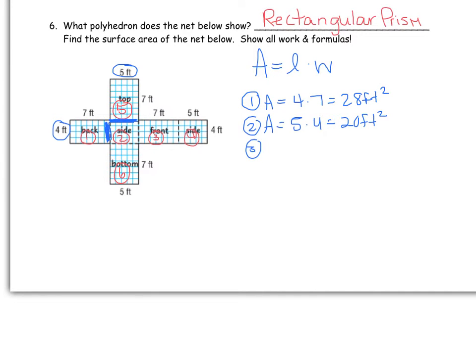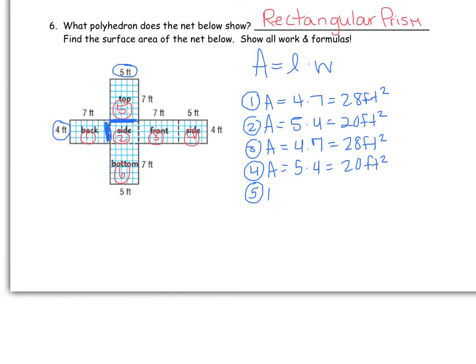Number 3 would be the same as number 1. It would have a length and a width of 4 and 7, so that would give me 28 feet squared. Rectangle 4 is the same as rectangle 2, with a length and width of 5 and 4, giving me 20 feet squared.